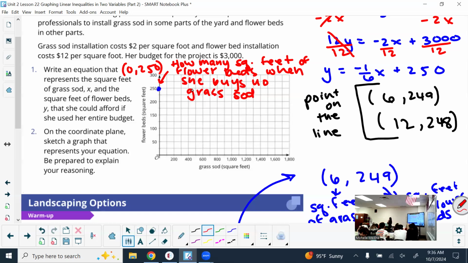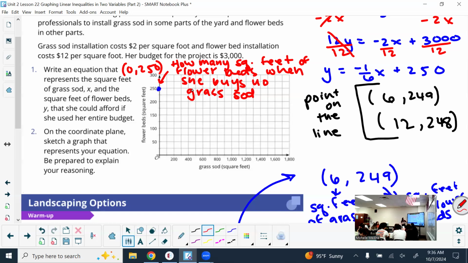So even though we haven't found the horizontal intercept yet, because it's kind of a funky graph right now, we know that wherever it is, how many flower beds would they be buying? 0 at my horizontal intercept.